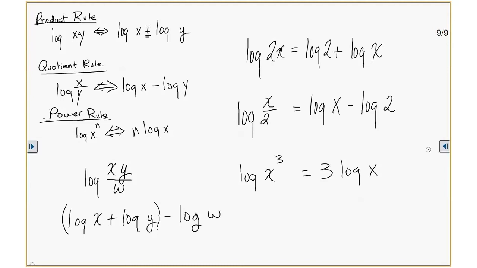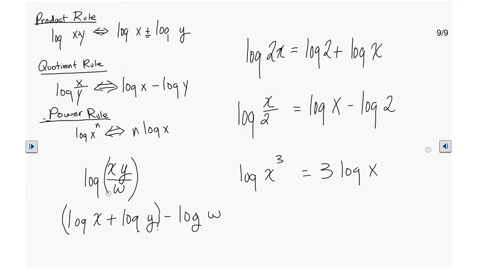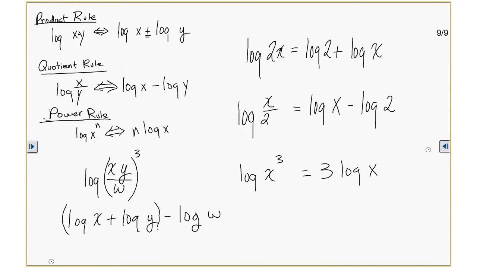Add an exponent or a couple of exponents to it. Maybe do this. Now do that one. There's two ways you can do it.